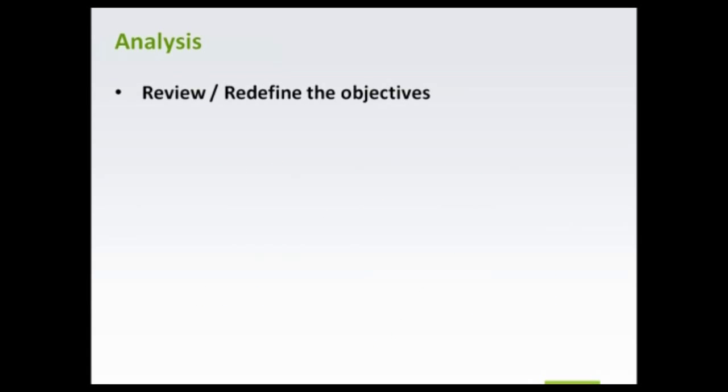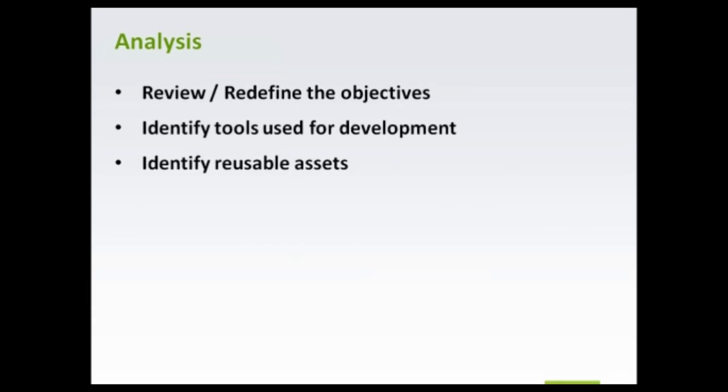So if we look at some of the things that we need to consider for the first one, which is enablement, it's to review and redefine the objectives, and this should be done with your budget in mind.